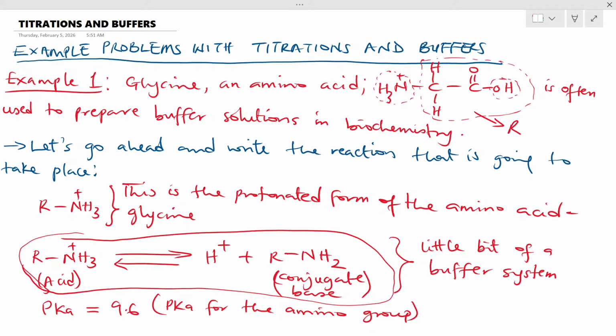So you are to always check for the kind of reaction that is taking place, and that way you are guided to understand the chemistry, and with that chemistry you can easily know how the question can be solved. So we talked of example 1 as glycine, which is an amino acid that is often used to prepare buffer solutions in what?